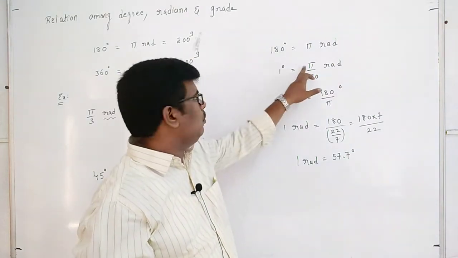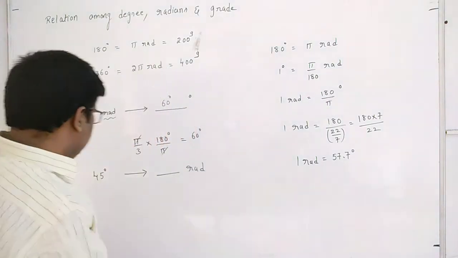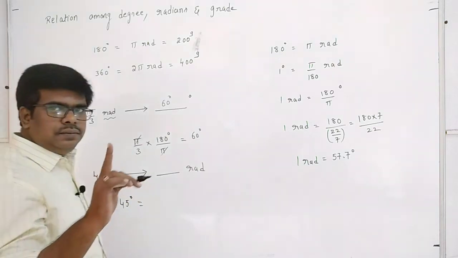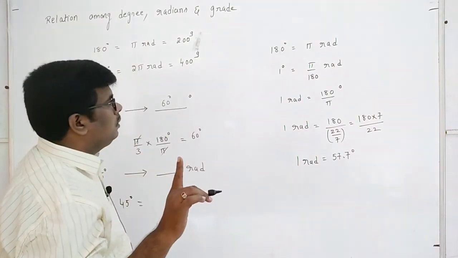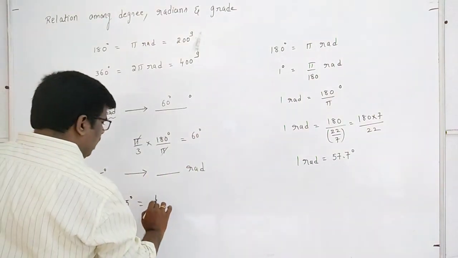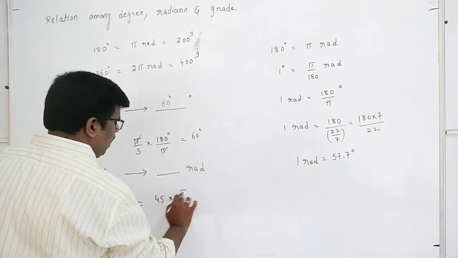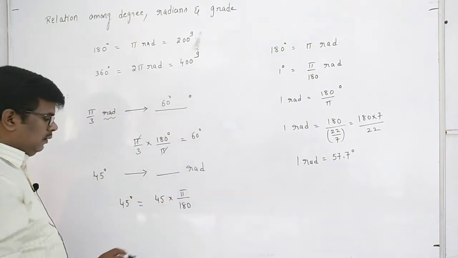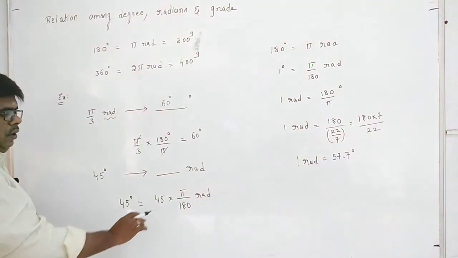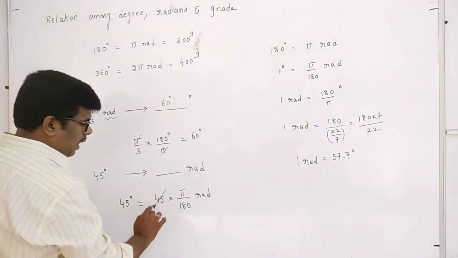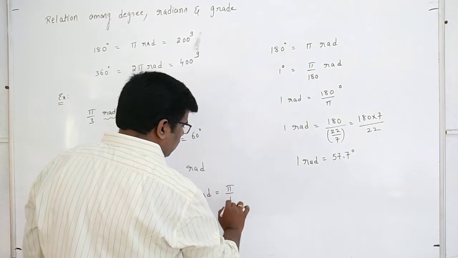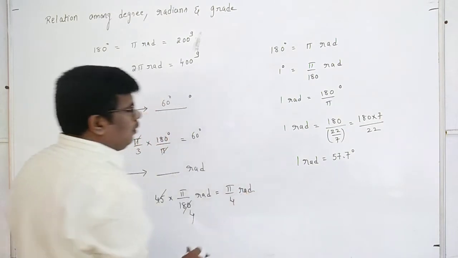Then 45 degrees is 45 into pi by 180 radians. How many times does 45 cancel here? 4 times. Then it is equivalent to pi by 4 radians. So pi by 4 radians we can say.